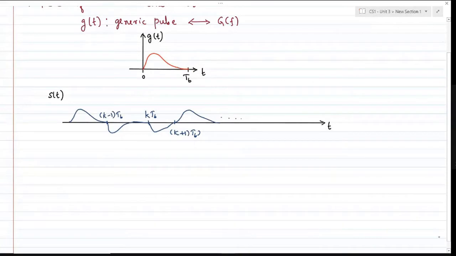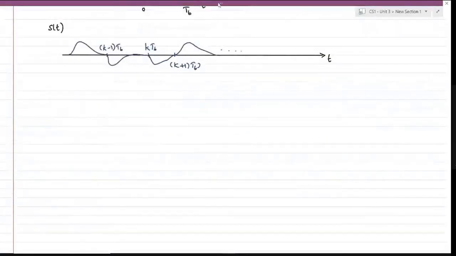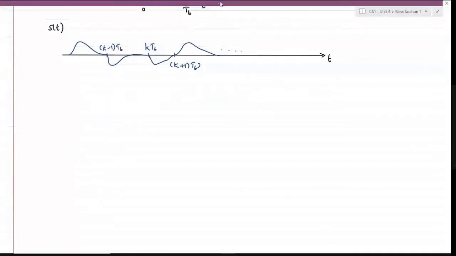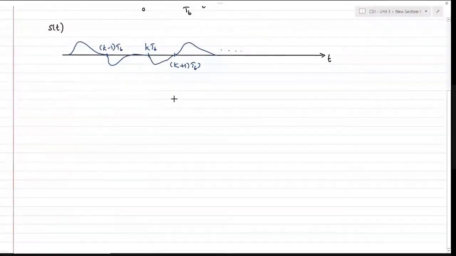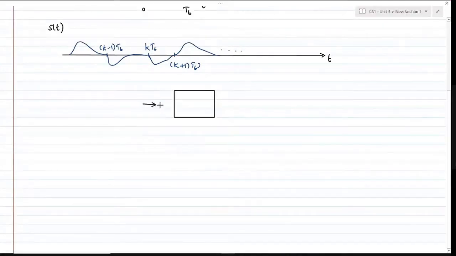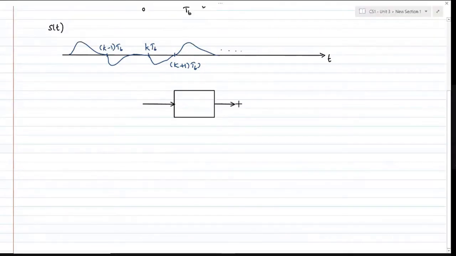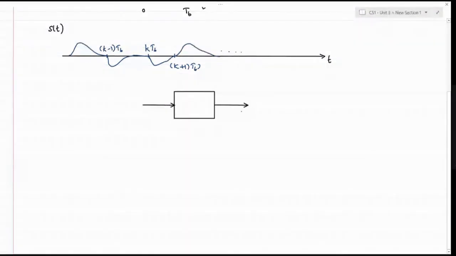So in general, what I mean is that if I have a certain incoming bit stream, I can have outgoing electric pulses.